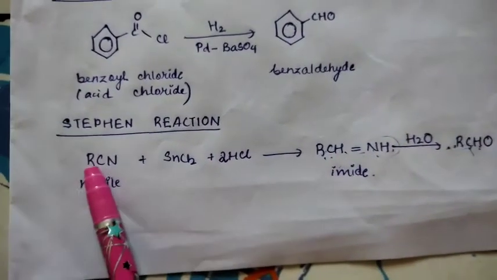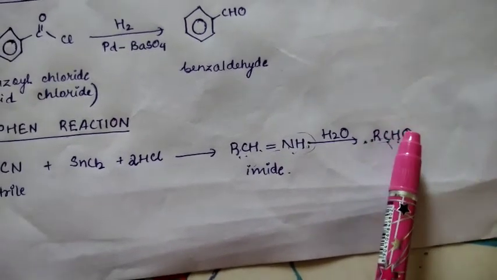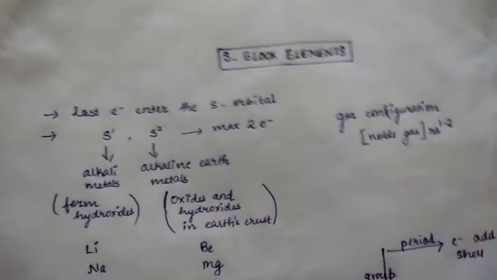Like for the previous one, you can see the CN is only converted to CHO, N is replaced with HO. If you keep this in mind, it becomes easier to remember in the examination, and you won't panic over bigger reactions.